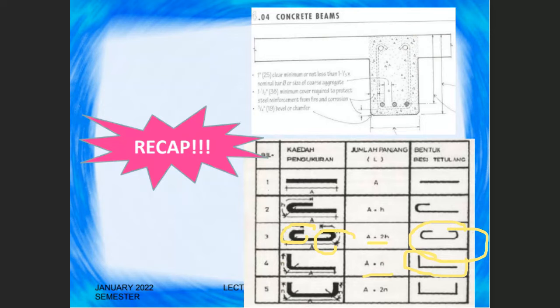Okay, you can see the bar is like an L shape. And this one is also something that you have seen before in your pad footing, where you have to measure in meters, 2H plus A as well. Okay, the formula to get the bend is either given, or you have to use your scale ruler to measure. So this is part of the recap.